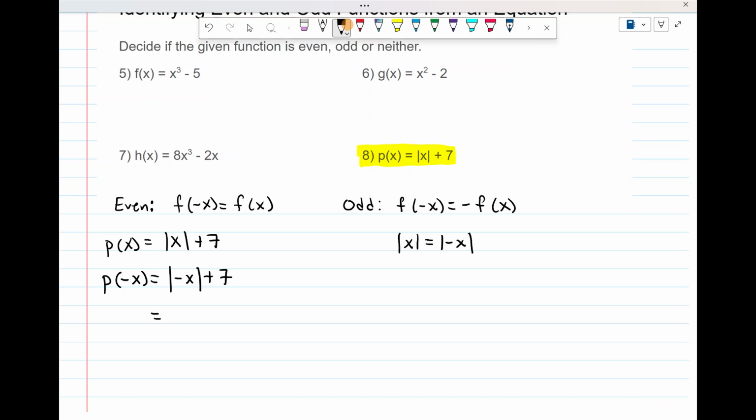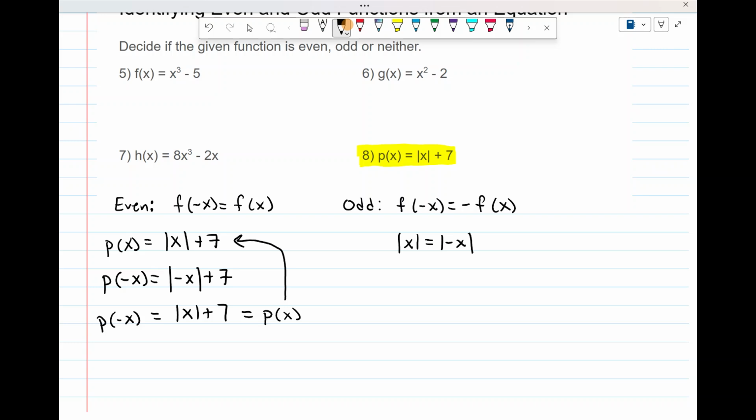You always get the positive version of x in this case. And so I'm going to change this to this, and we can see that p of opposite x is equal to the absolute value of x plus 7, which is really the same as p of x. I'm sorry, I didn't mean to put that plus 7, and that just comes from right here.